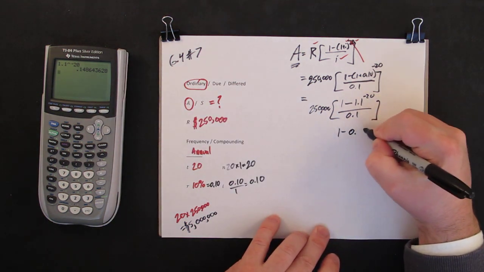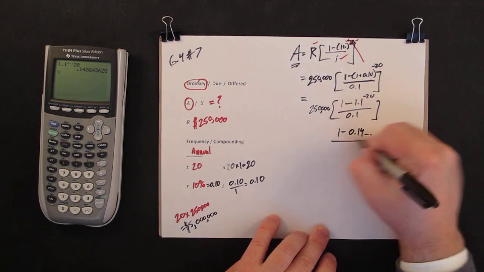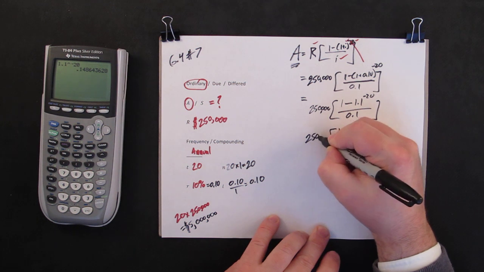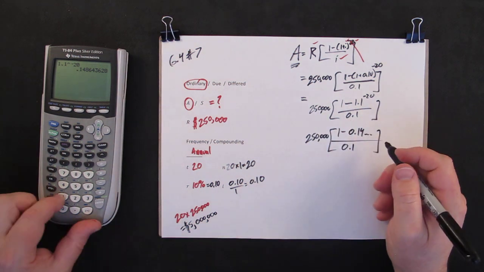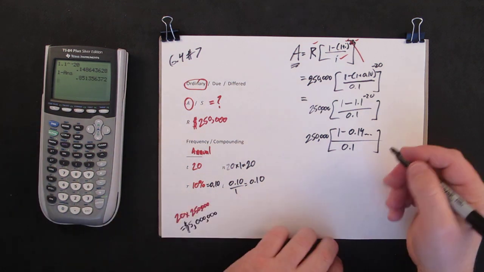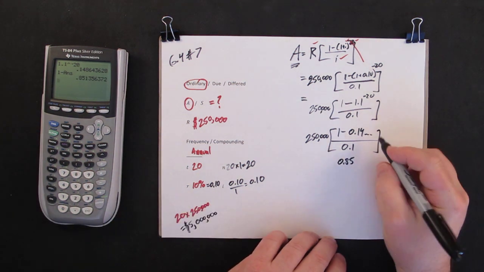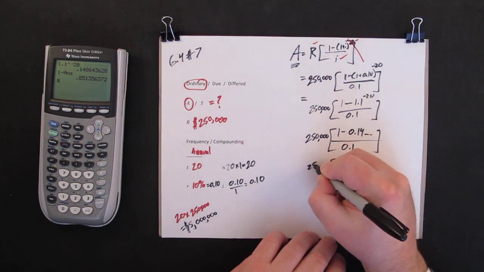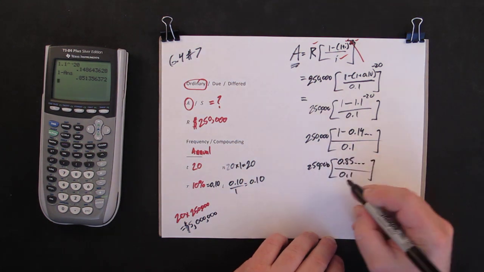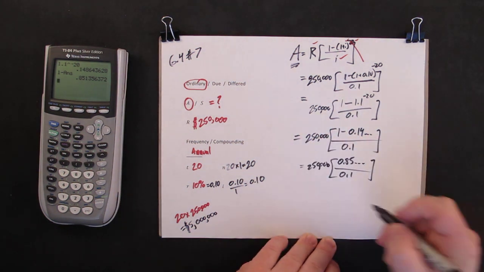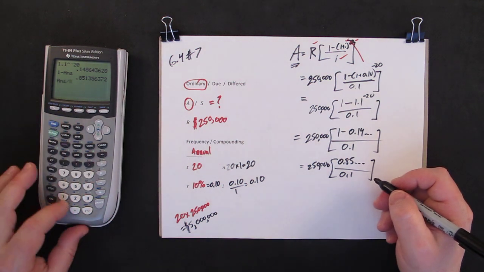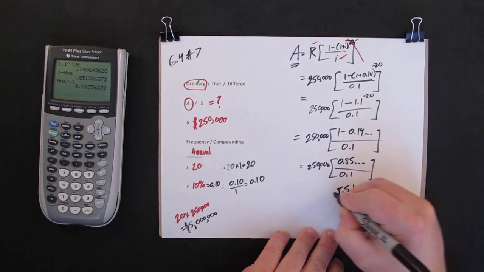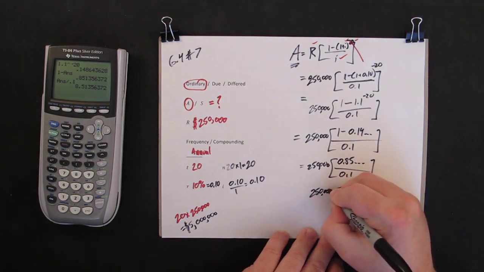So 1 minus 0.14. Again, keep all the decimals, they matter in this. So 0.85 divided by our period interest times our payment. Okay. So 8.51 and then times our payment amount.